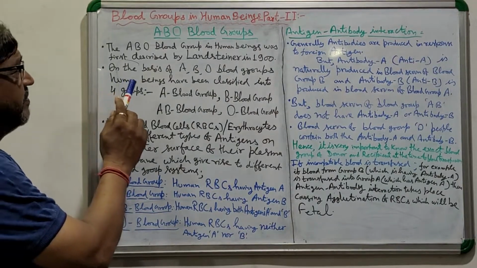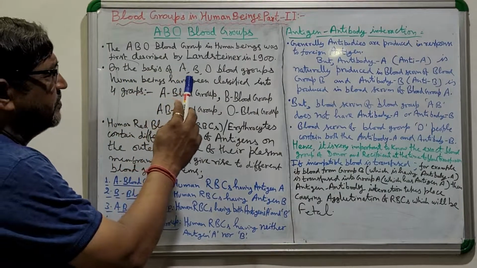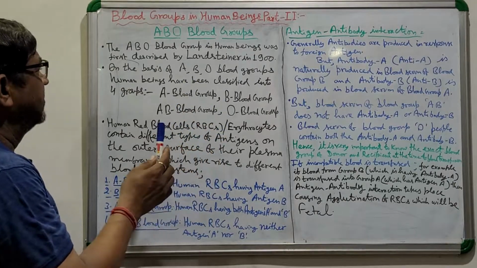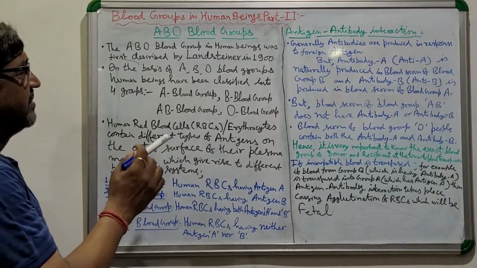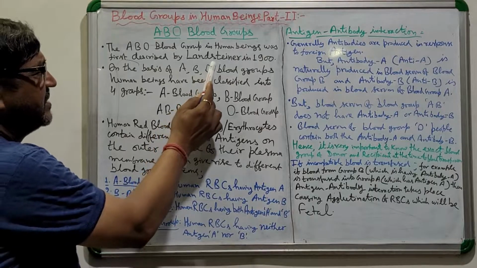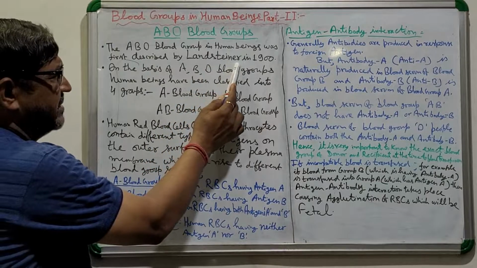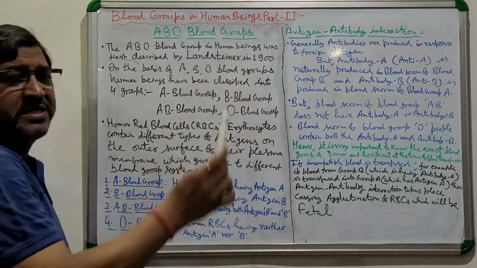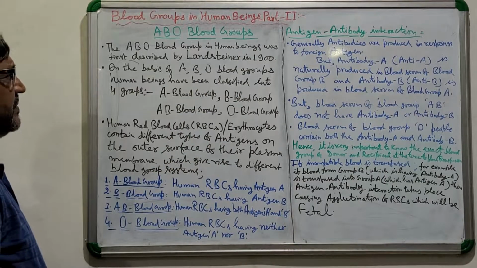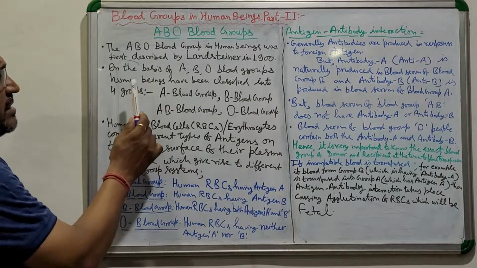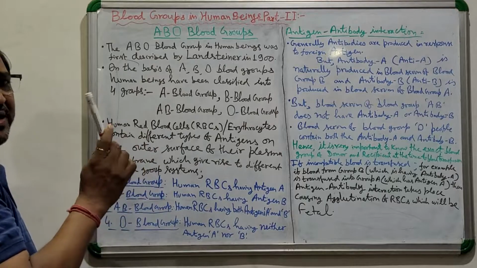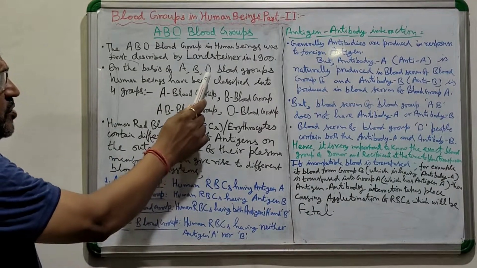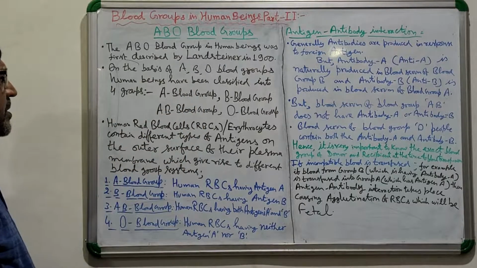The ABO blood group in human beings was first discovered by Landsteiner in the year 1900 on the basis of A, B, O blood groups.